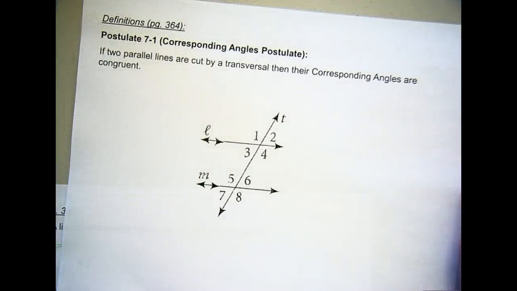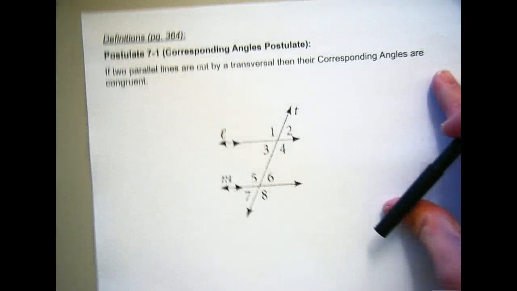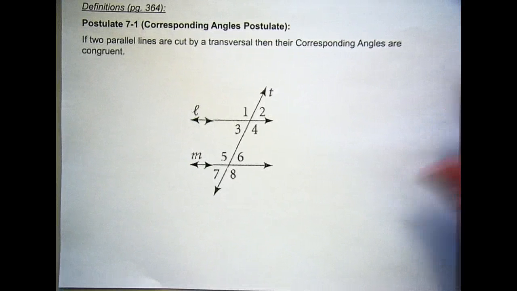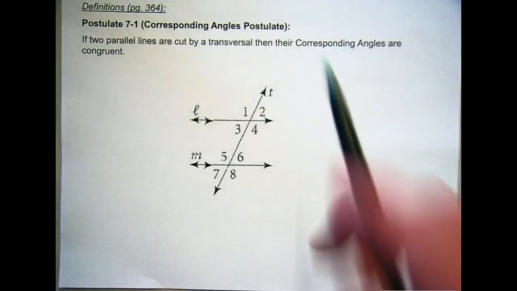Okay, so postulate 7.1 deals with our special type of transversal. If two parallel lines are cut by a transversal, then their corresponding angles are congruent.